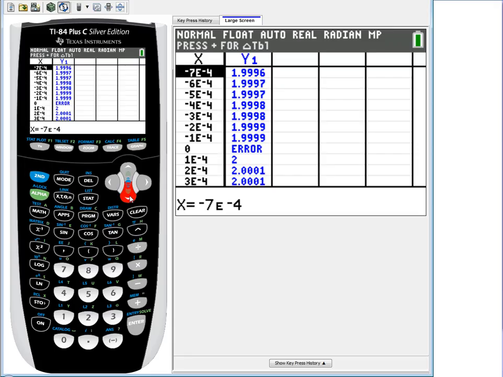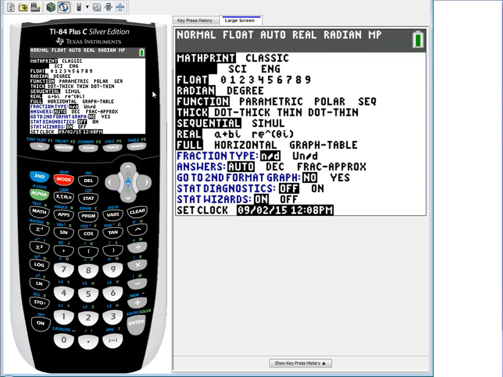Seems to be 2, doesn't it? Now, yeah, that's a 2, but I think the reason that's a 2 is because of the degree of precision that we're using on the calculator. Maybe we can fix that. If we go to mode, I've got it on float, which should have been okay.